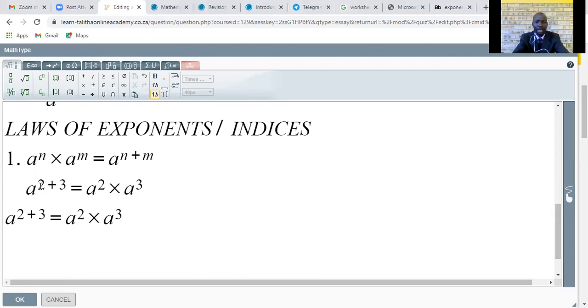Since we are using n and m, let's substitute 2 with n and 3 with m.